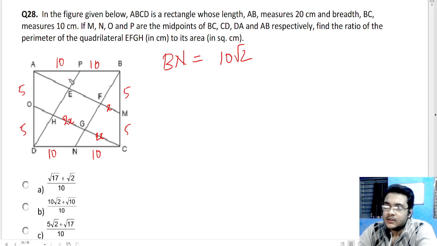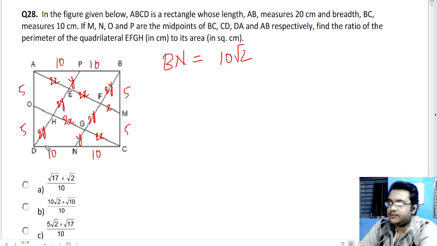Suppose I say that this is y. Because ratios are equal, this will be 2y. Now if this is 2y, this is also 2y. Obviously this will be 2y and this will be 2x. And if this is x, 2x, of course this will be 2x. And similarly, this will be 2y, this is going to be y. So you really do not need to do too much thinking.